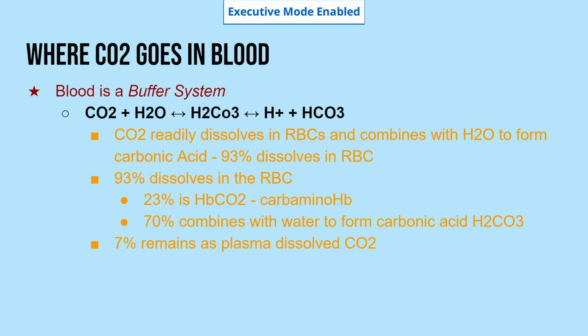Carbon dioxide readily dissolves in red blood cells and combines with water to form carbonic acid. 93% dissolves in the red blood cell. 23% of that 93% binds to hemoglobin to form carbaminohemoglobin, whereas 70% combines with water to form carbonic acid. And then 7% remains in the plasma, dissolved as CO2.